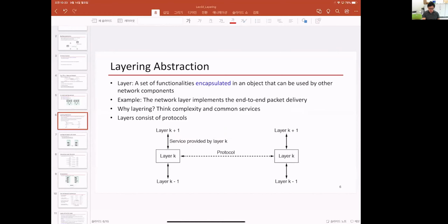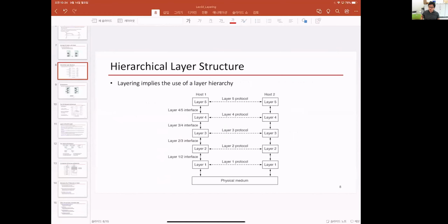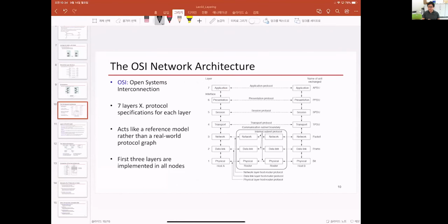We talked about the OSI 7 layer. Why OSI 7 layer? A long time ago, people thought, okay, I'm buying your layering concept. So how many layers do we need? At the time, they thought 7 layers were adequate, and they made a decision. Okay, 7 layers. OSI is the standard by the network guys.